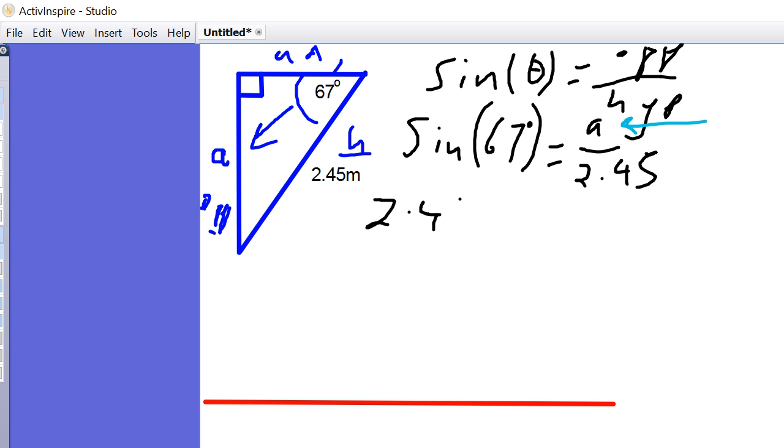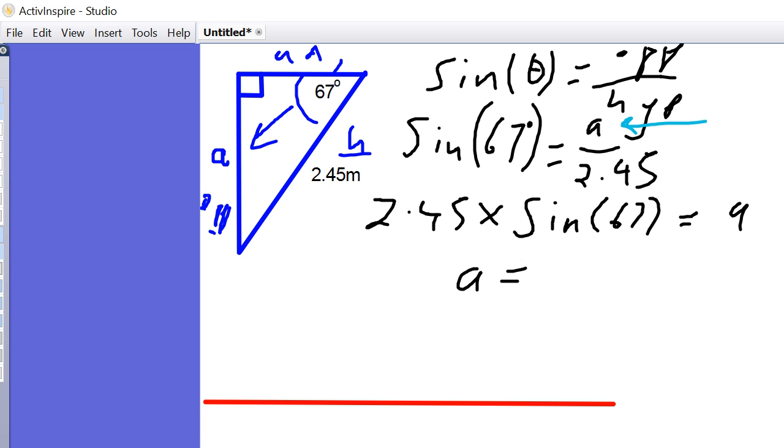So 2.45 times, you don't have to write the times. If you write it just next to the sine 67, the times is implied, equals A, and I calculate 2.45 times sine 67 equals 2.255. So A equals 2.255 meters.